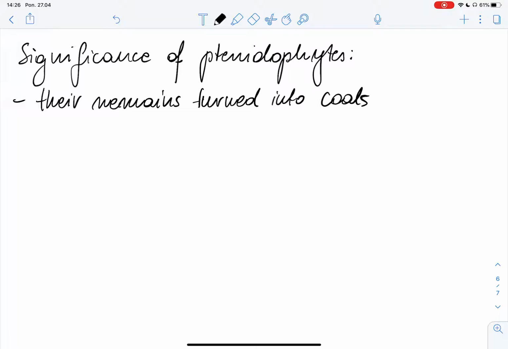So we have first significance is that they are the source of coal. The remains were transformed into coal sources. Nowadays, they are part of forest undergrowth and create habitat for small animals.